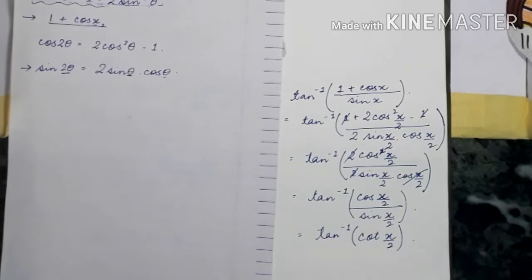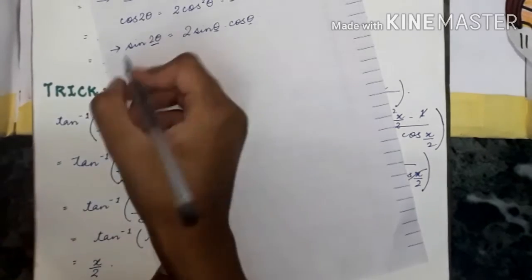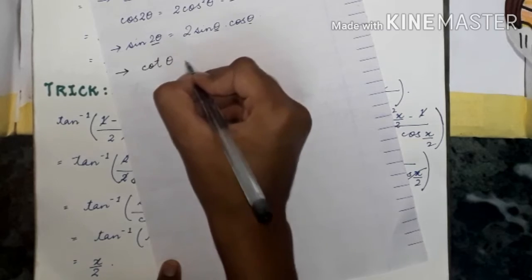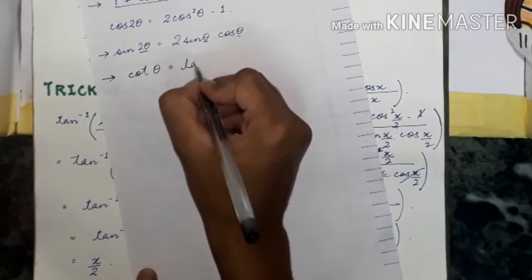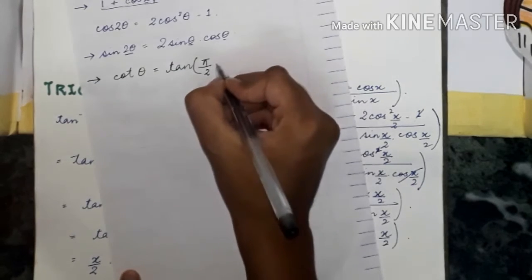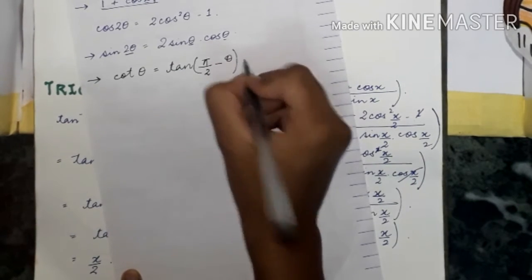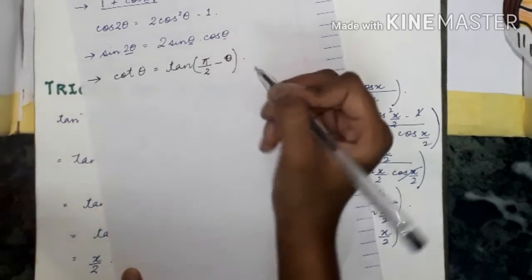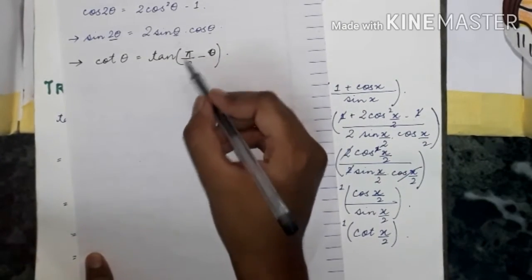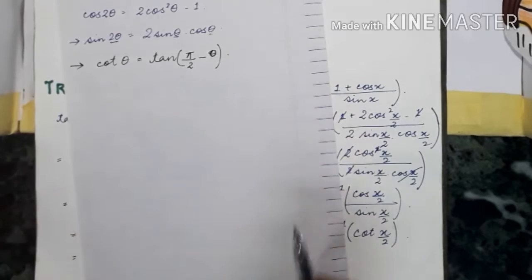Now how to solve it? You should remember this property, that cot theta can be written as tan of pi by 2 minus theta. See, cot theta can be written as tan pi by 2 minus theta.